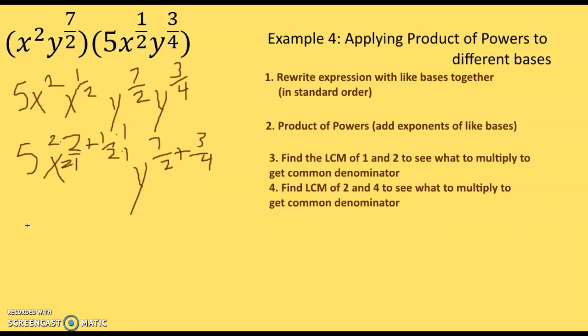So let's rewrite that part. 5 times x to the 4 over 2 plus 1 over 2 power.